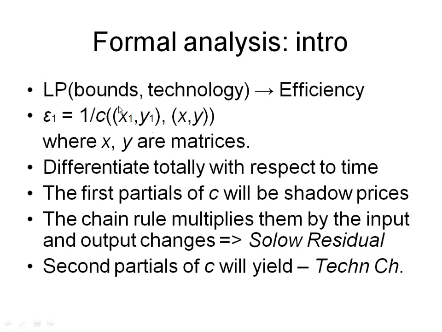Now x1, remember, x1 were the bounds in that benchmarking program. Because in that benchmarking program, you try to produce as much as you can given the inputs of firm 1. They were the bounds. Now c is the solution to the linear program.